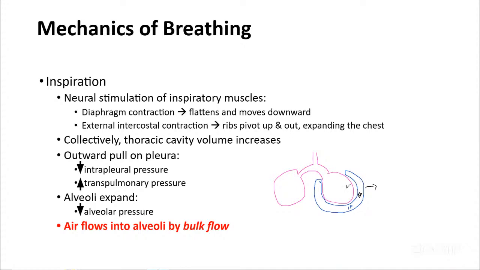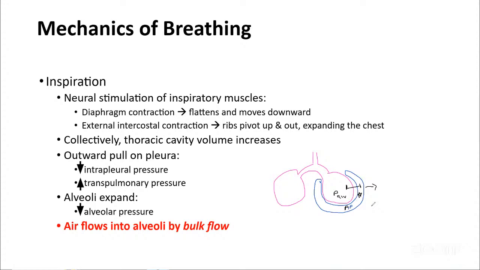And the transpulmonary pressure, we're measuring across the wall of the lung. So in the lung, we had our alveolar pressure. Okay. That's where our alveolar pressure was. Here's where our intrapleural pressure was. So the transpulmonary pressure is just comparing the pressure inside the lung to that pressure in the space around it.